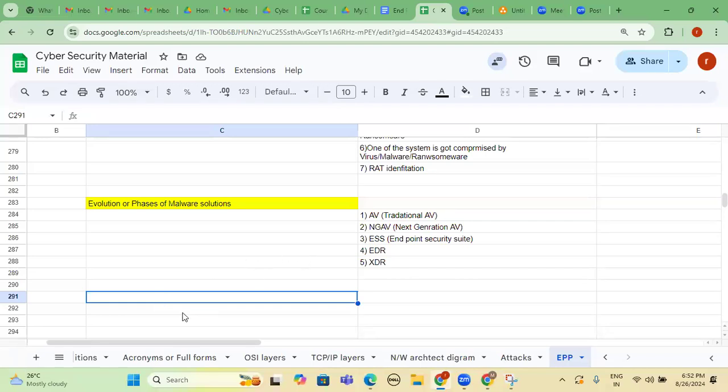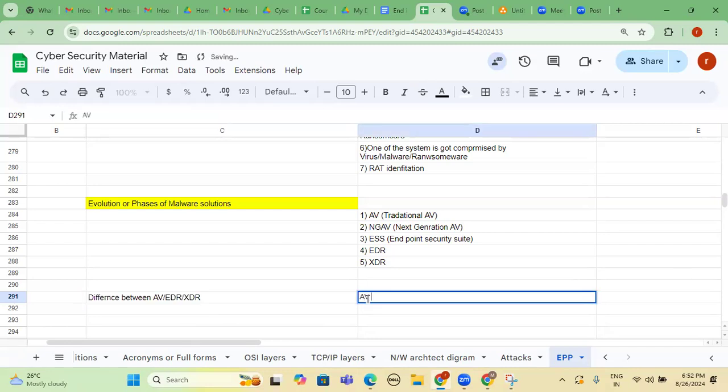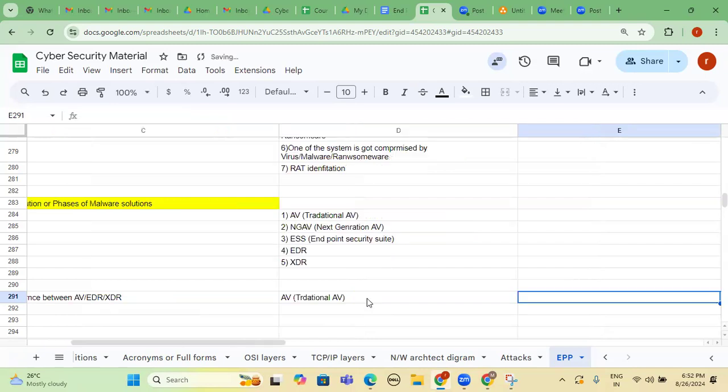Yeah. So the difference between antivirus, EDR, and XDR. First I'll keep antivirus. This is the traditional antivirus. This is also, if you are going for EDR vacancies, a compulsory interview question, and not only for EDR, even if you are going for cybersecurity SOC operations, it's one of the favorite interview questions.